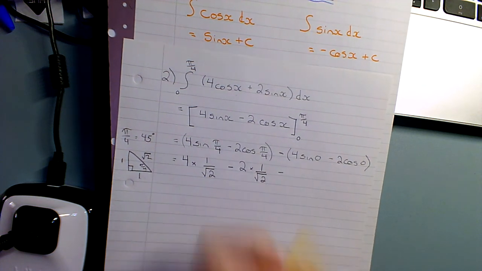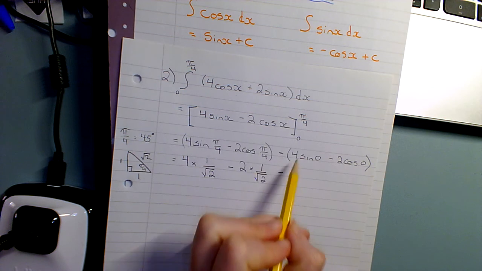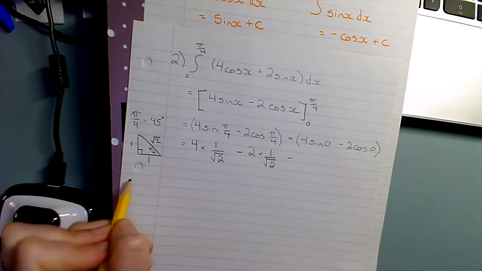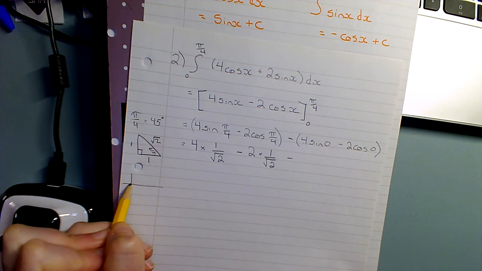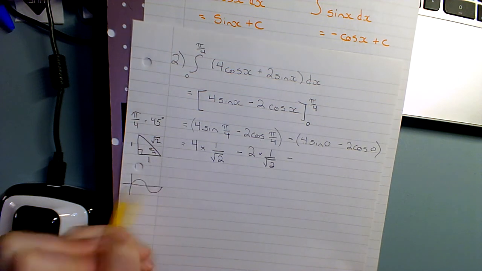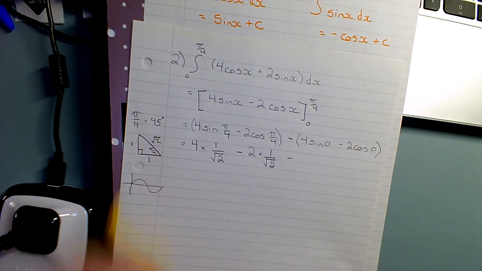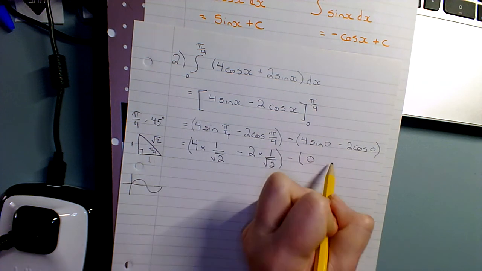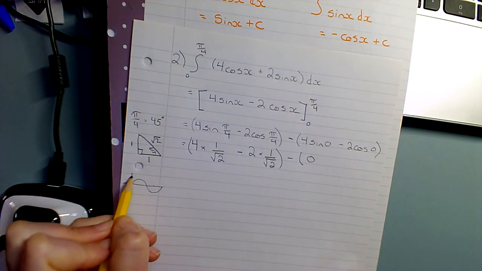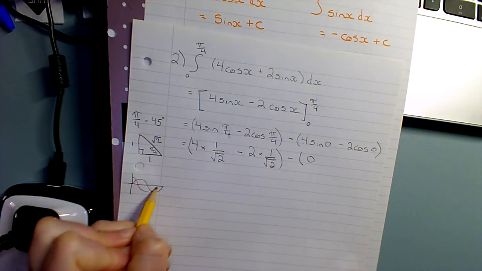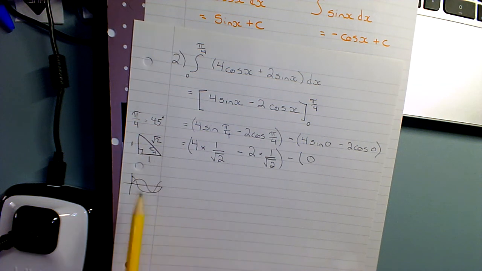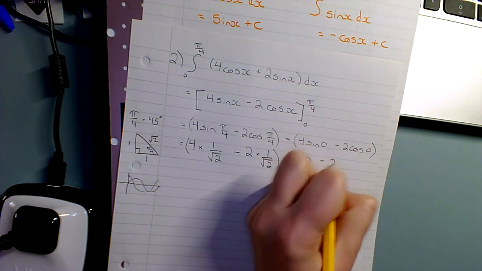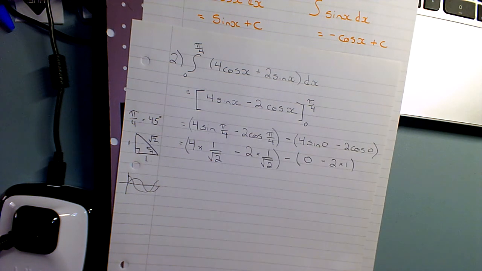And then when we subtract this, we have 4 times sine of 0. We can think about our cosine graph and our sine graph. When sine is 0, it's 0. And then when we look at our cosine graph, when cos is 0, it's 1. So here, this is going to be minus 2 times 1.